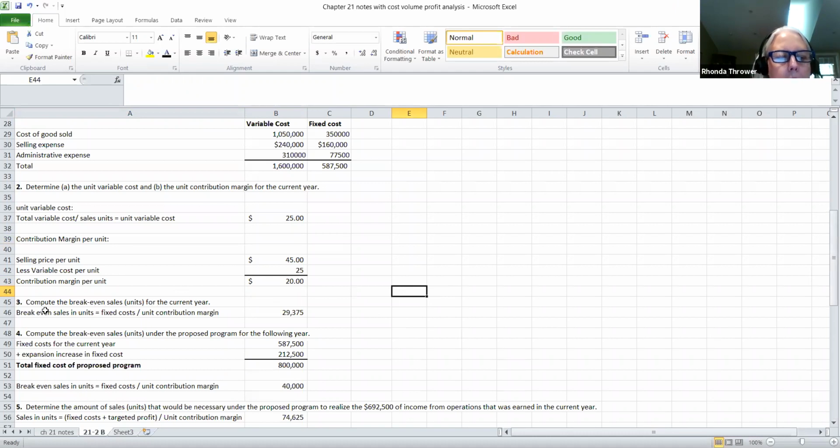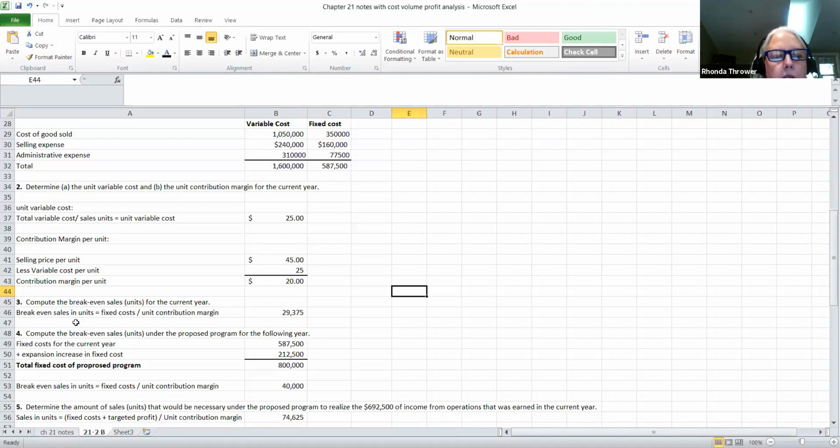Also, in this problem, they wanted you to compute the break-even sales in units for the current year. Notice I'm emphasizing units for the current year here. Break-even is where our revenue and our expenses are equal. There's no profit or loss. They want to know how many units they have to sell so that they won't have a profit or a loss.